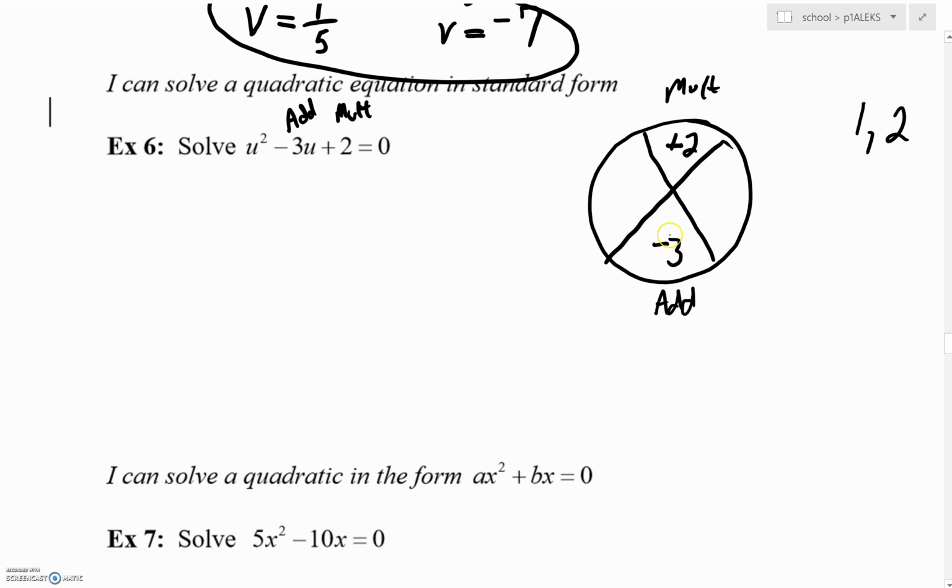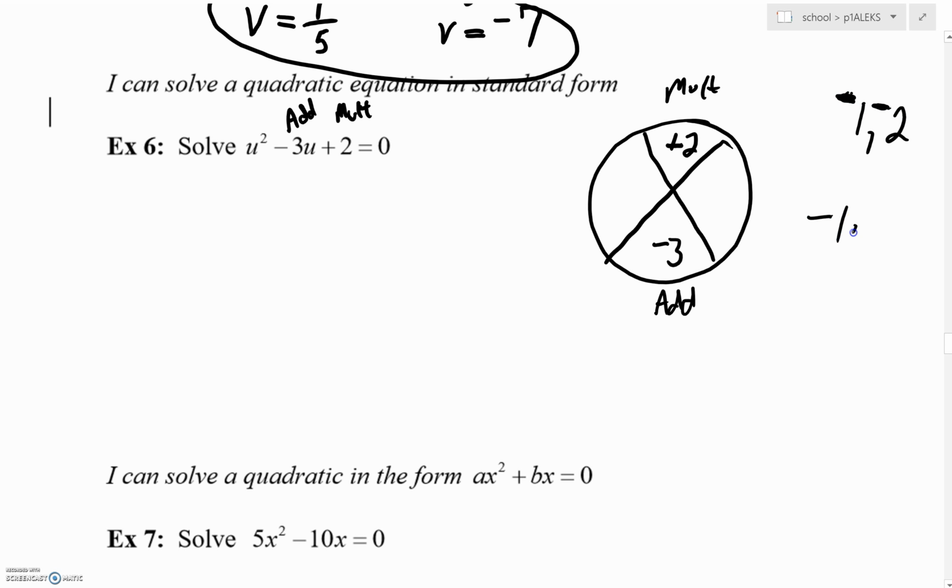And of course, we know that as we're going to be adding to something negative, it wouldn't be appropriate to have both of these numbers be positive. A 1 plus 2 would actually give you a positive 3. But realize when you're multiplying to positive 2, you could also do that if both of the numbers were negative.